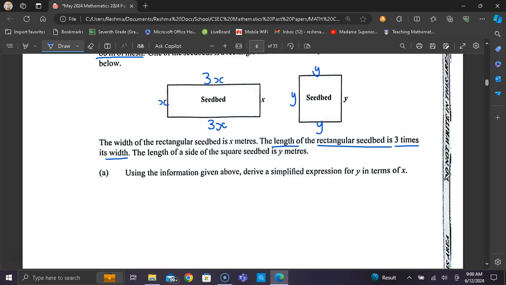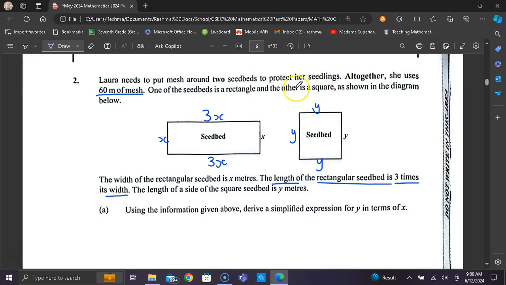Okay, so we need to derive a simplified expression for y in terms of x. So how are these two seedbeds related? Well, remember in the beginning that they said Laura is putting a mesh around both of the seedbeds. So altogether she uses 60 meters of mesh.